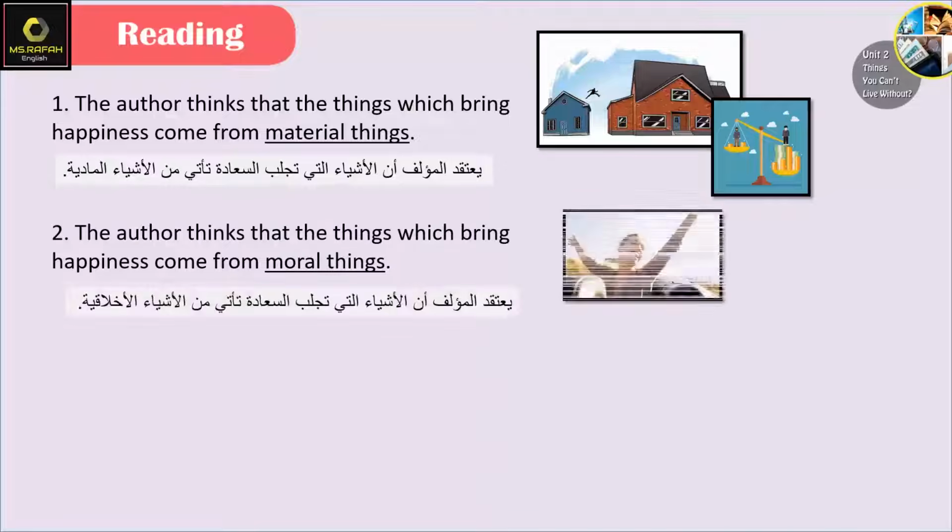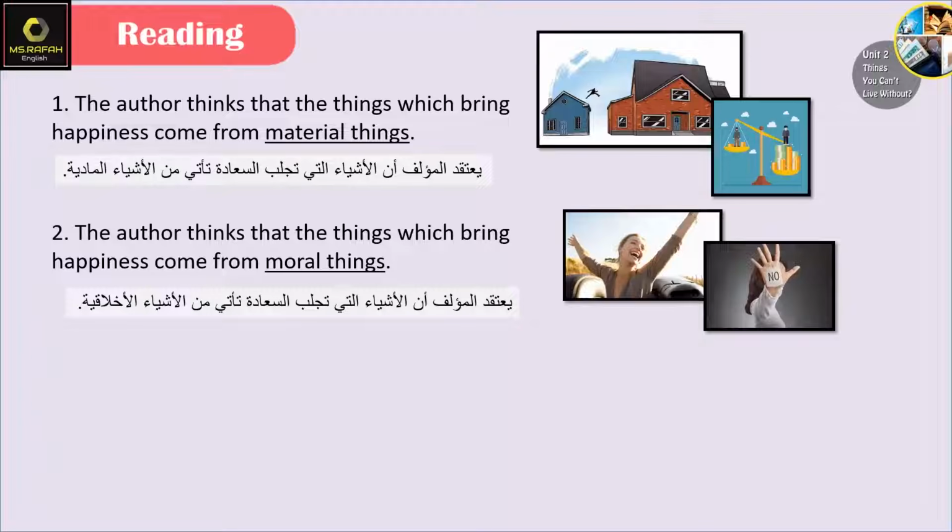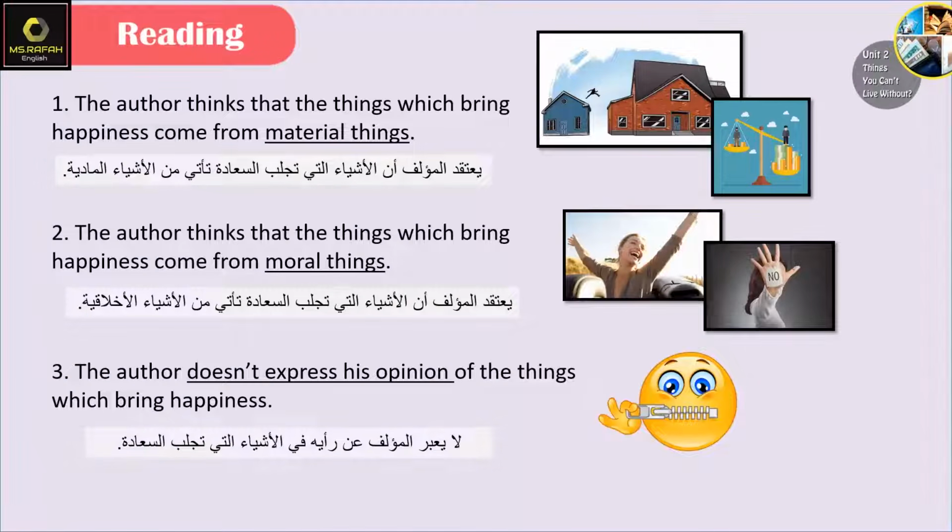The author thinks that the things which bring happiness come from moral things. The author doesn't express his opinion of the things which bring happiness. The statement that best reflects the text is B.